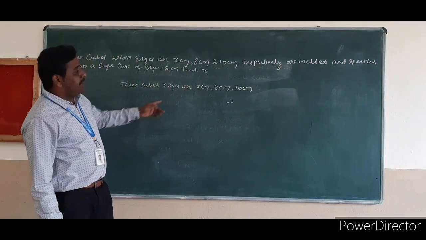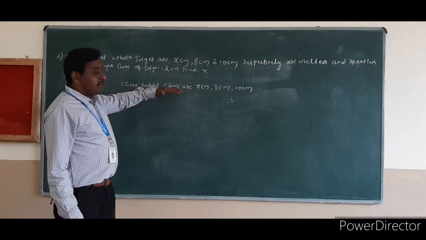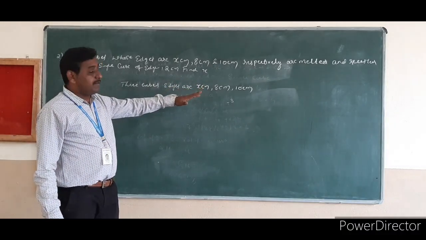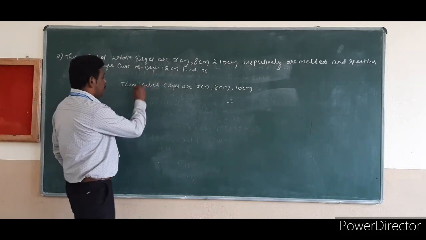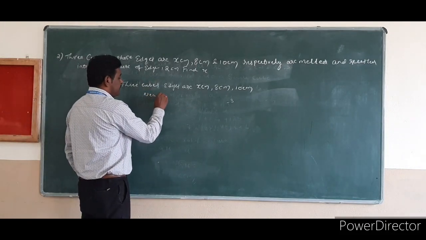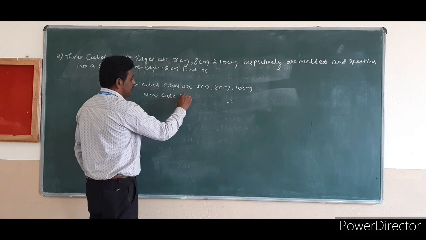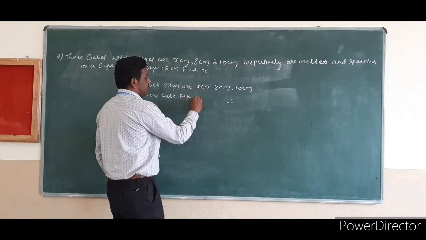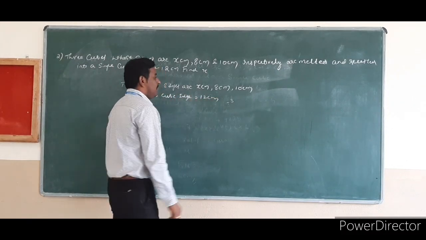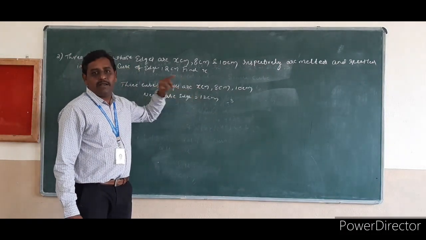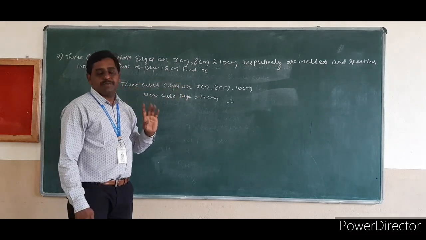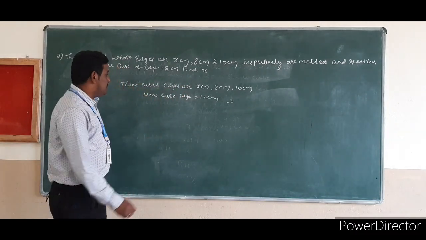All the 3 cubes are melted into a new cube. The new cube's edge is equal to 12 centimeter. What we have to find out is X, the edge of the first cube.